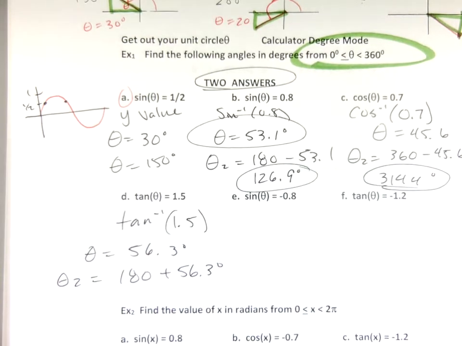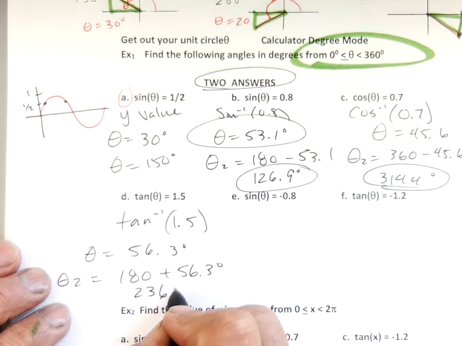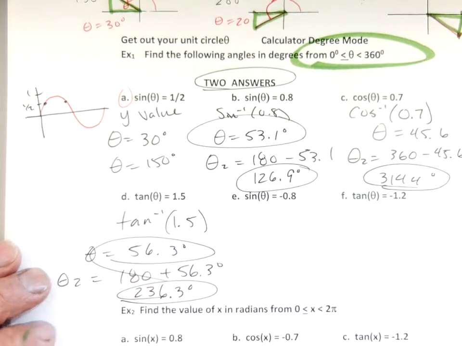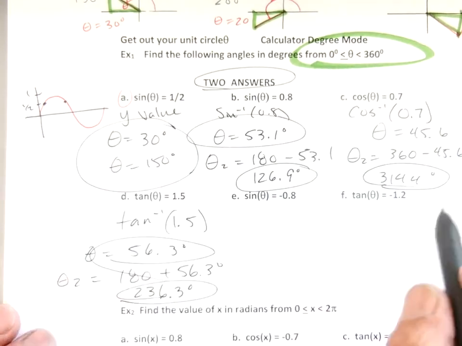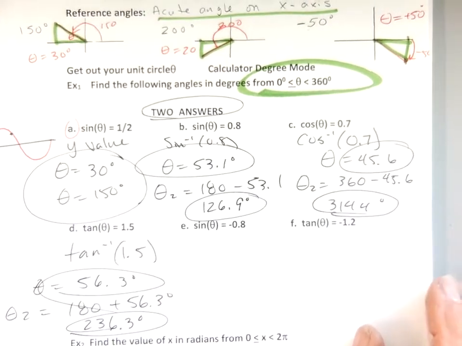So 180 plus that answer, and I get about 236.3 degrees. So I've got two angles, right? 56.3 and 236.3 degrees, okay?